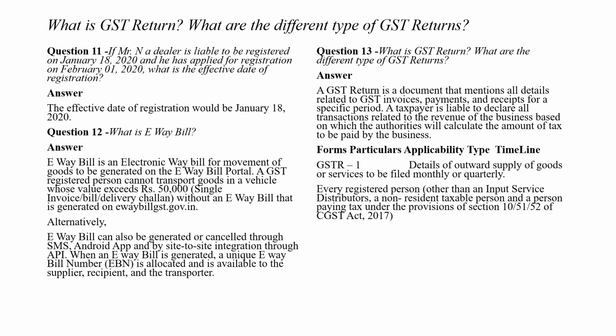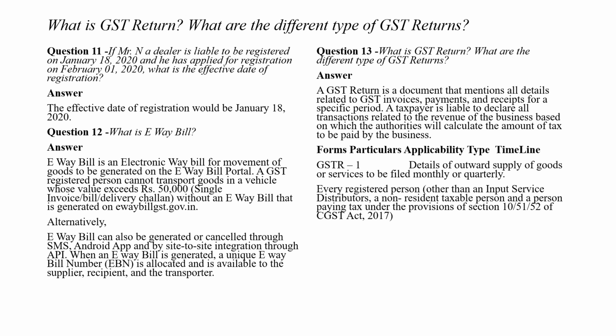Here, GSTR1, very important. GSTR1 is the form of the beginning. Details of outward supply of goods or services to be filed on a monthly or quarterly basis.